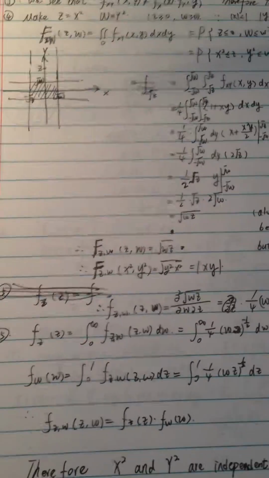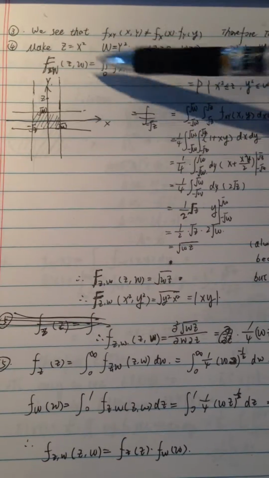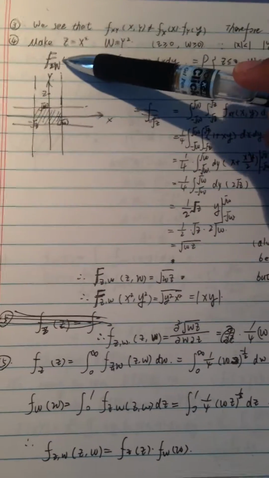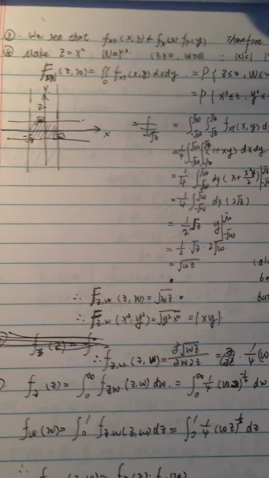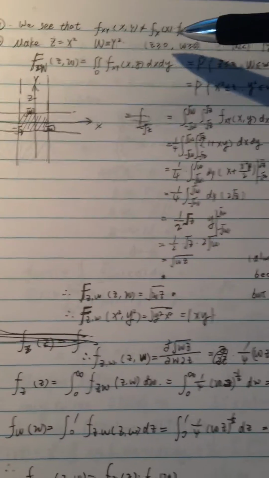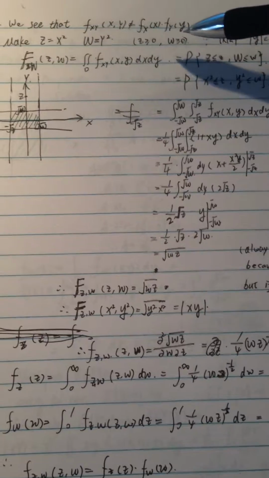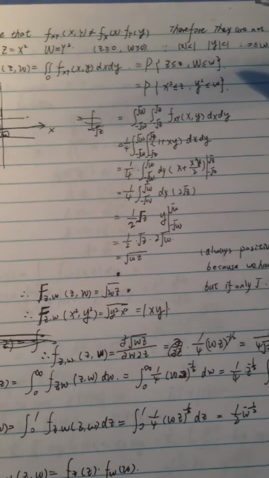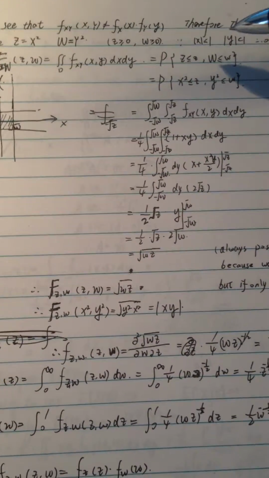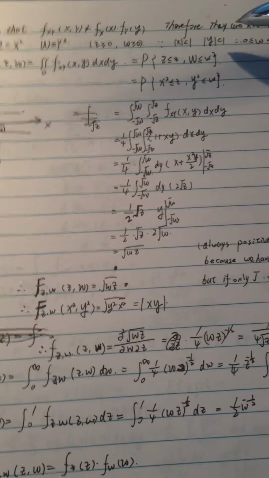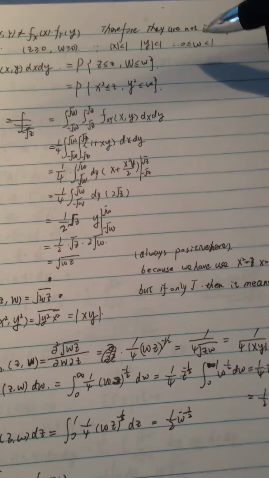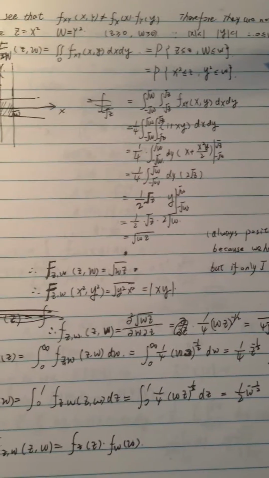We let z equal x squared and w equal y squared. The region for z and w is all greater than 0. Also, since the absolute values of x and y are less than 1, w is in 0 to 1 and z is in 0 to 1.